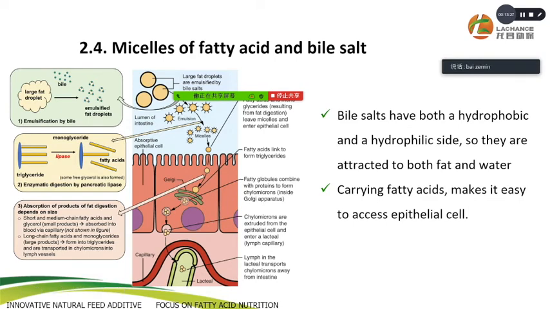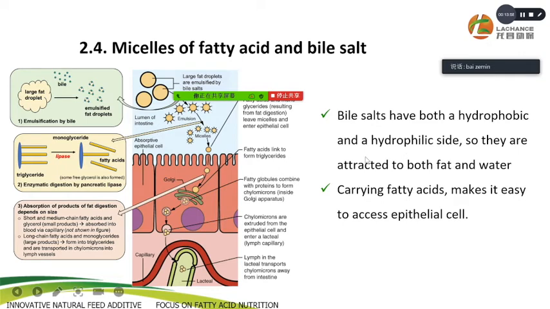The last step is absorption. After emulsion and digestion, we get micelles, which contain fatty acid and bile salt, as we can see here. Fat cannot dissolve in water, but bile salt has two parts, as I mentioned, a hydrophobic and a hydrophilic side.